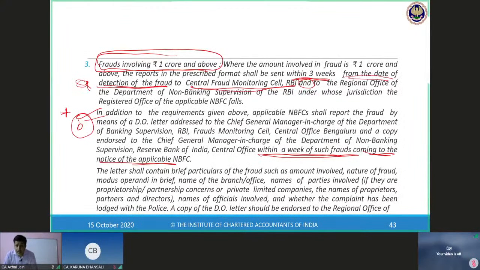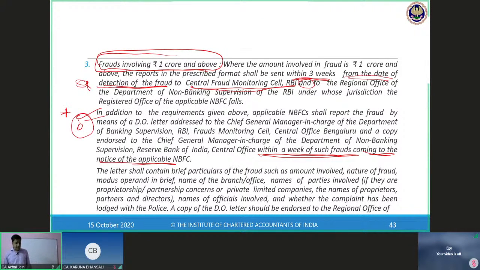Now as regards the letter mentioned in point B, the letter shall contain brief particulars of the fraud, as to what that fraud is. Amount involved. Modus operandi in brief. Name of the branch or the office. Names of the parties involved in the fraud.